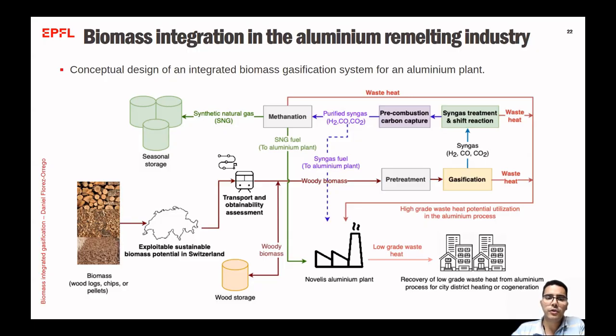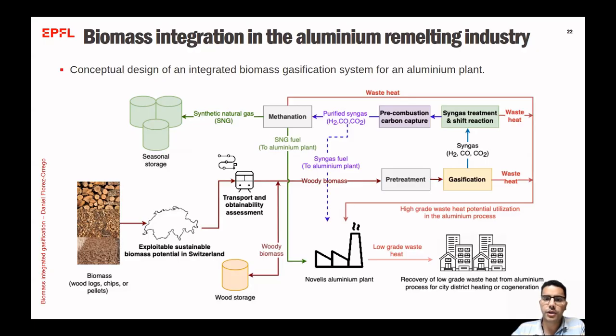Then, if we consider the amount of biomass that is available for the conversion and production into fuel and the use in the heavy industries, we can think that the treatment and the gasification of the biomass add some waste heat that can be useful to be integrated into the aluminum remelting plant.